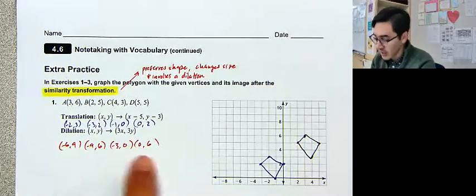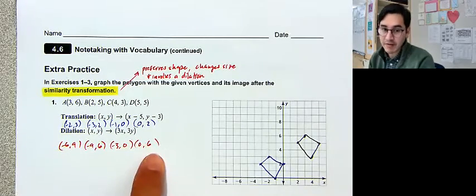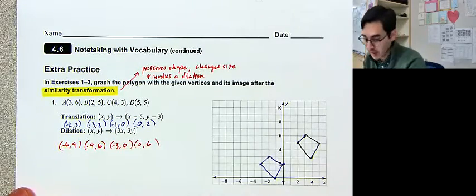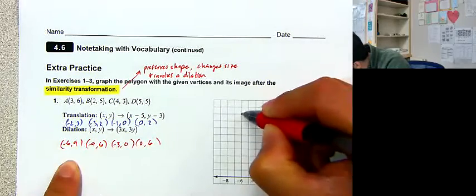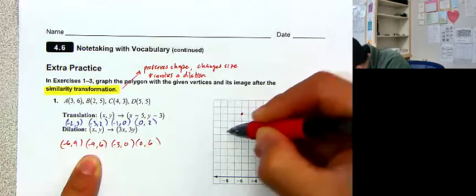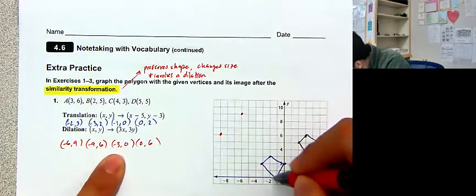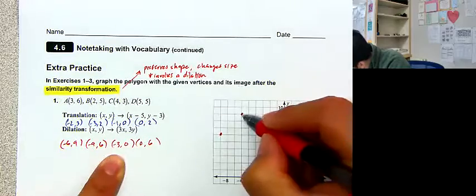All right, so after multiplying each x and y coordinate by 3, we have a new set of points, and then we're going to graph this. This is going to be the final figure. Okay. -6, 9, -9, 6, -3, 0, and then 0, 6.